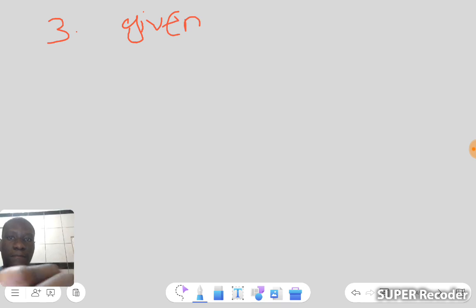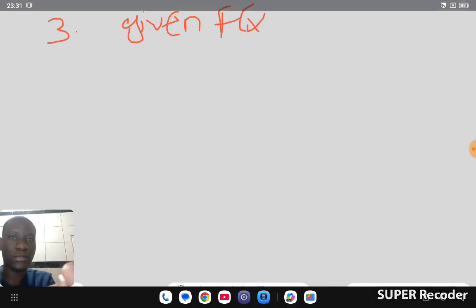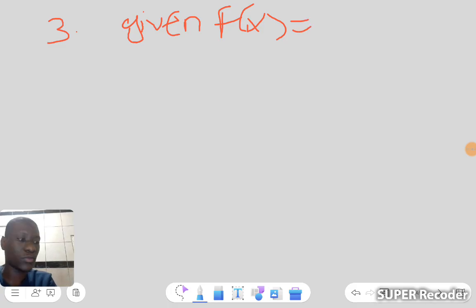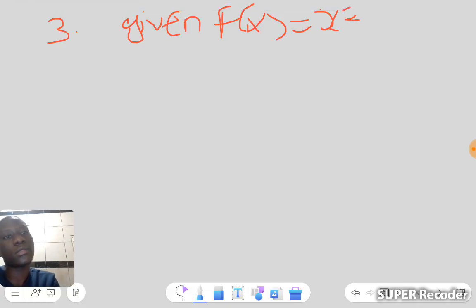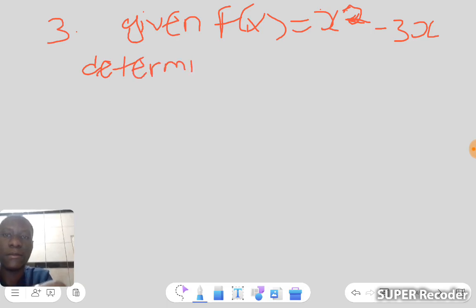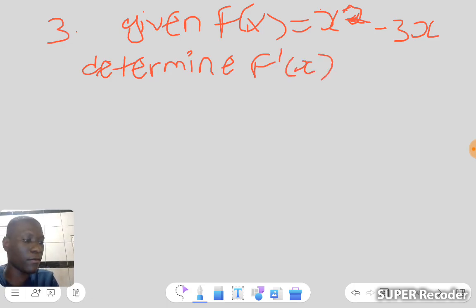What other question do I have? Also, I have a calculus question here. Given f of x equals x squared minus 3x, determine f prime of x from the first principle.